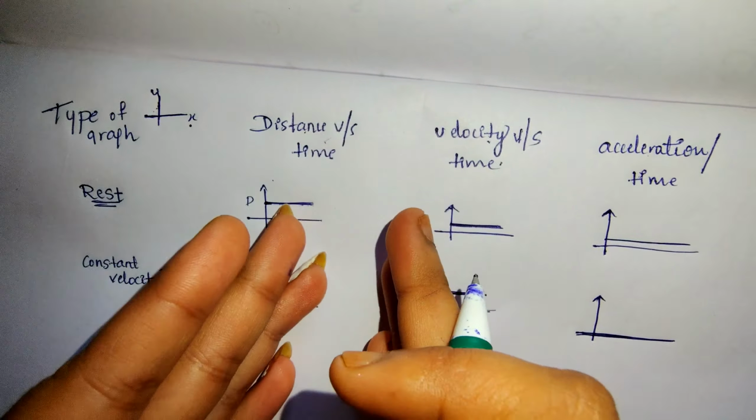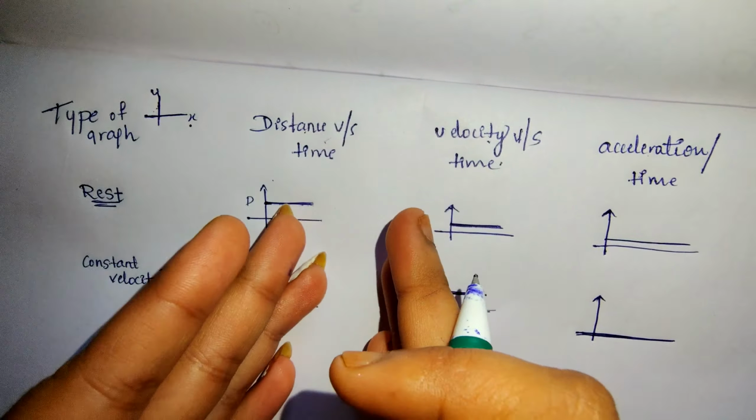See, this is how the distance time graph, velocity time graph, and acceleration time graph will look. One more important thing: I am saying which situation it is and then drawing the graphs, but similarly, if I give you the graphs, you must be able to identify it in reverse.